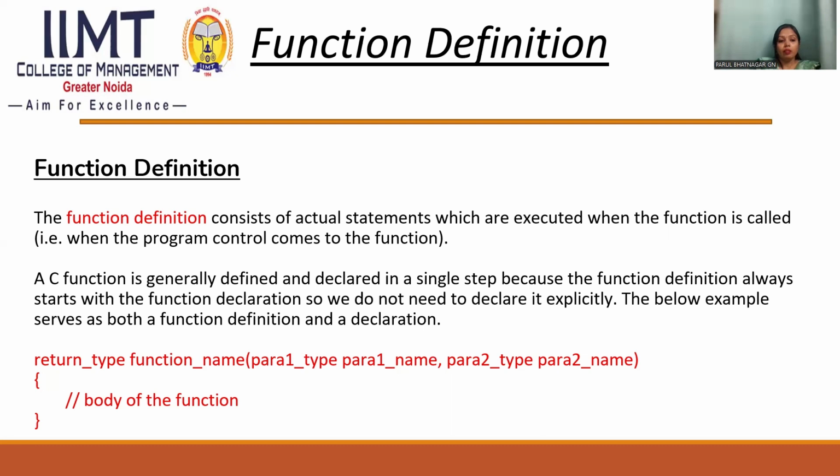Here, first come return type, then function name. In between of brackets, we write parameter names and its type. In between of curly brackets, we write the body of the function or we declare working of the function.